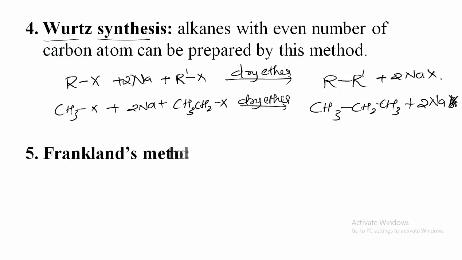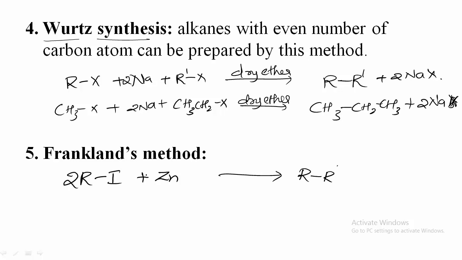Next one, Frankland's method. This method is used when an alkyl iodide is there. So when alkyl iodide is treated with zinc, then we get alkane. Okay, so here we will take 2 moles of RI and 2 moles of zinc.